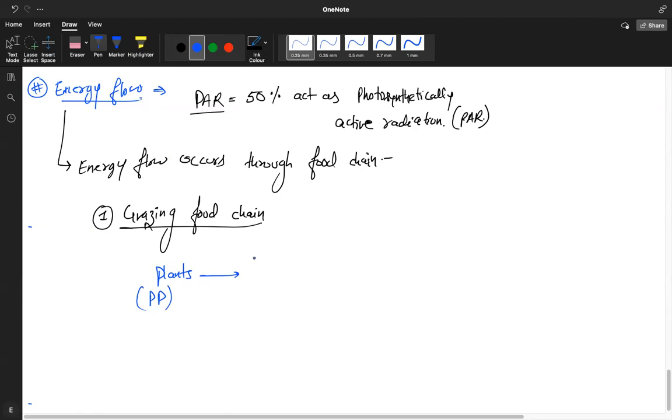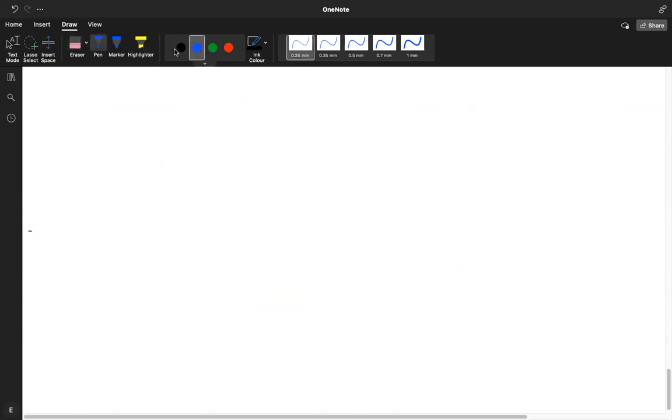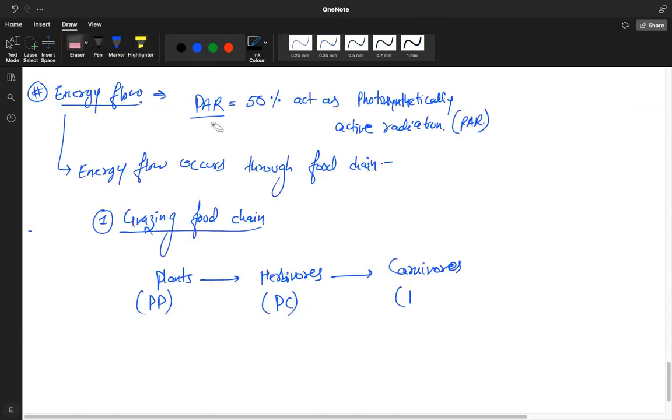So plants give energy to cattle or herbivores, which are primary consumers. Okay, and from herbivores it goes to carnivores, the simplistic one, which is a secondary consumer. Is that clear, people?